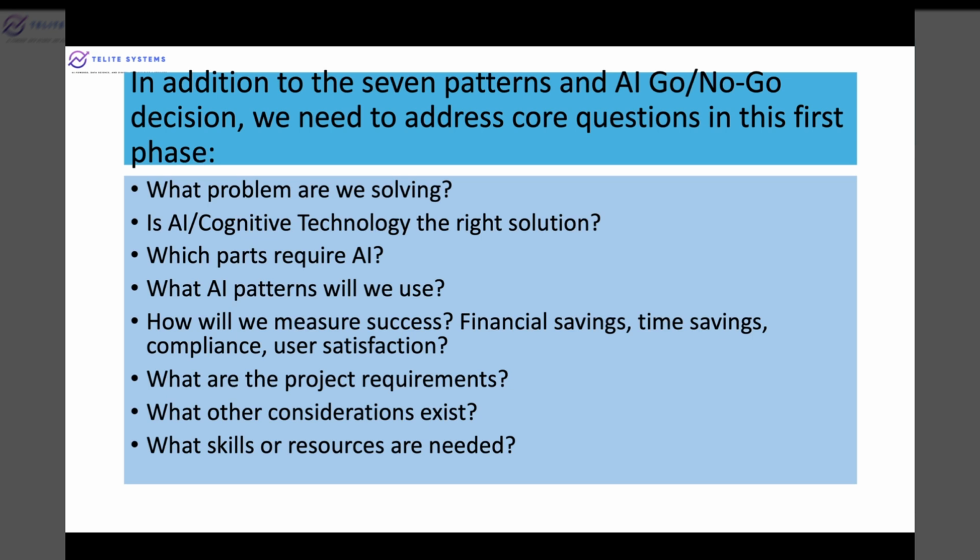Which part requires AI? What AI patterns will be used? How will we measure success? Financial savings, time savings, compliance, user satisfaction. What are the project requirements? What other considerations exist? What skills or resources are needed?